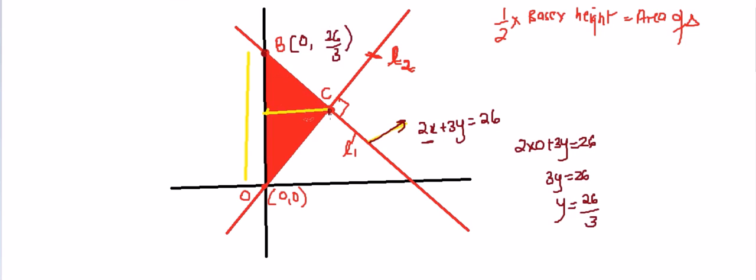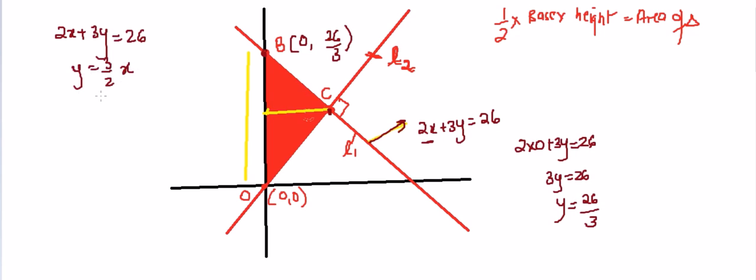Now we need to calculate the remaining third point. Since this C point is the intersection of line L1 and L2, L1 and L2 are simultaneous equations and we need to solve them. So L1, let me write down the equation of L1, which is 2x plus 3y equals 26, and the equation of L2 was y is equal to 3 over 2x.